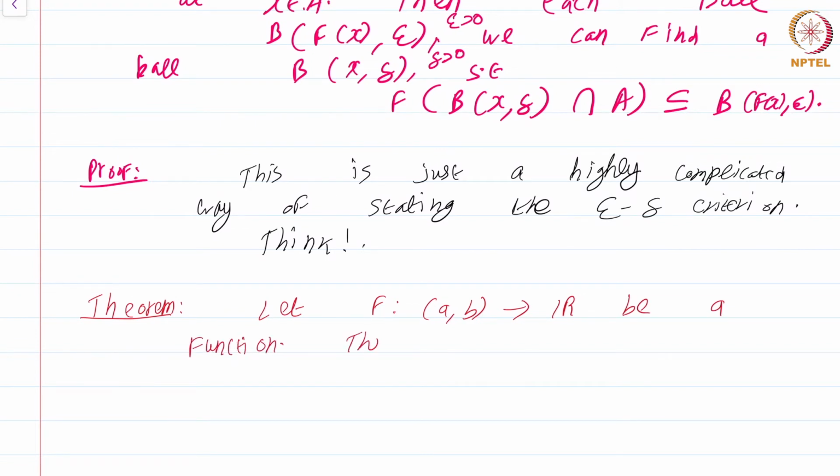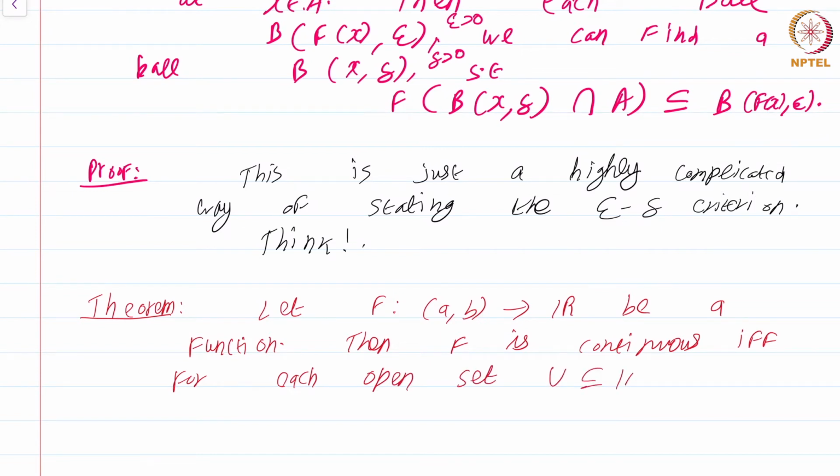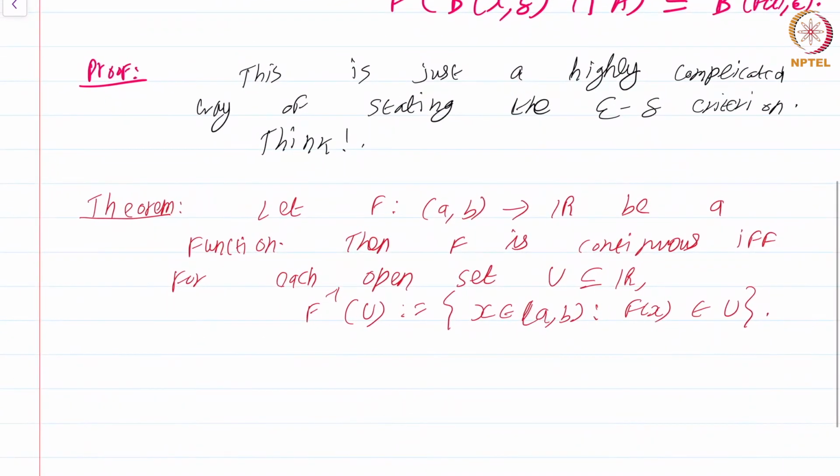Then f is continuous if and only if for each open set U subset of R, the inverse image f inverse of U, just recall this is nothing but the set of x in (a, b) such that f(x) is an element of U. This is the pre-image or the inverse image. Please again do not confuse this with the inverse of a function. This is going to be a set. f inverse of U is an open set.